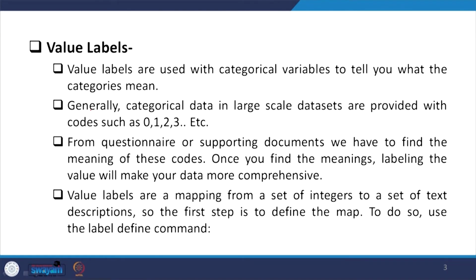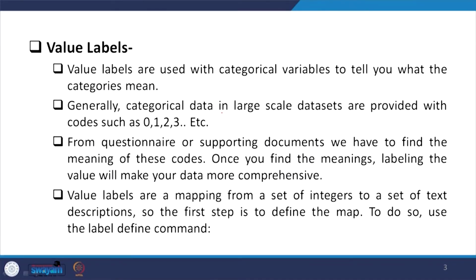So label define is the approach where I am going to guide you. Generally categorical data in large scale data sets are provided with codes. Large scale data sets with categories, those categories are represented with codes. Like in our example for major activities group, we have 1, 2, 3 as the codes for different activities.